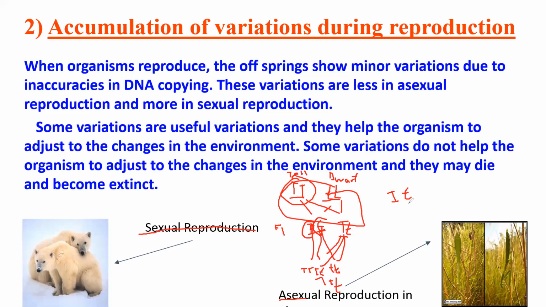Since these are from two different parents, each of them has its own characteristics, like traits. Like I told you about the chromosome structure, each chromosome has many genes, and each gene is responsible for one function. So two different sets of characteristics are fusing together to form the offspring, so it brings in more variations.